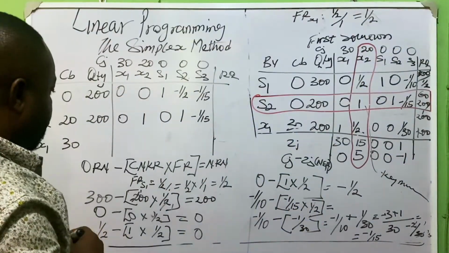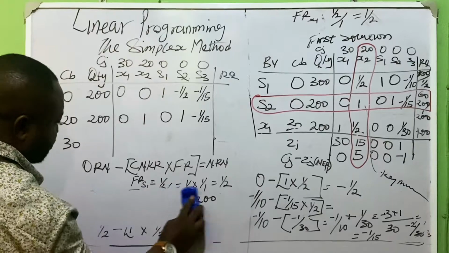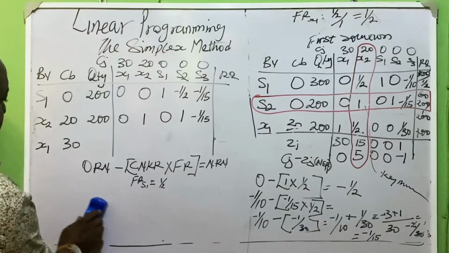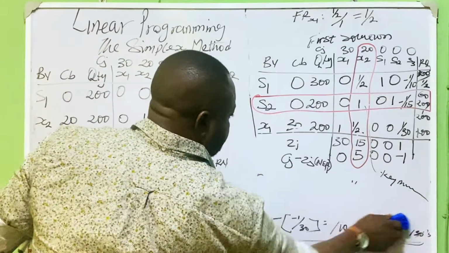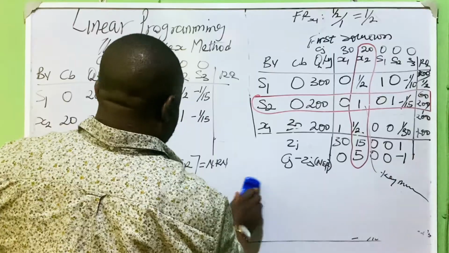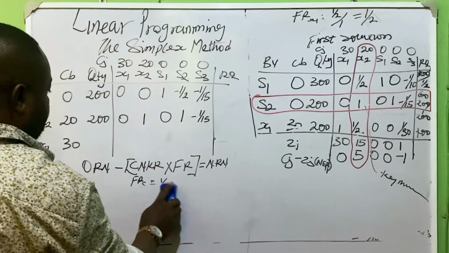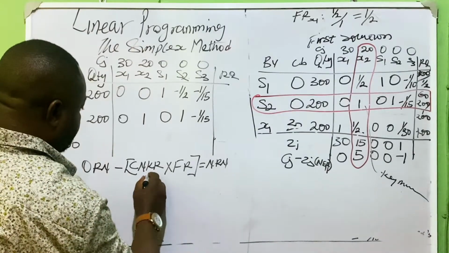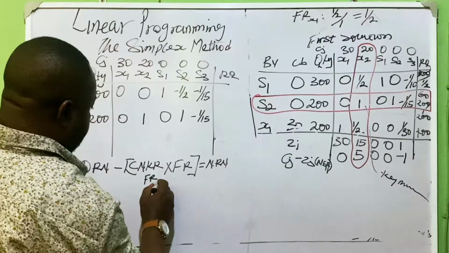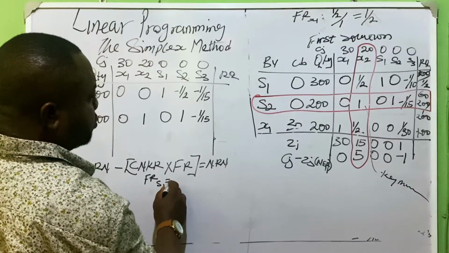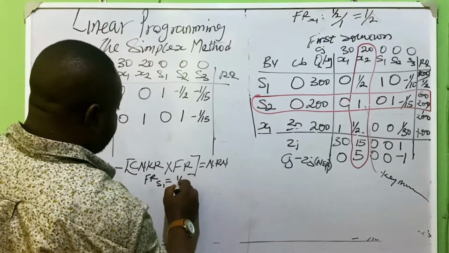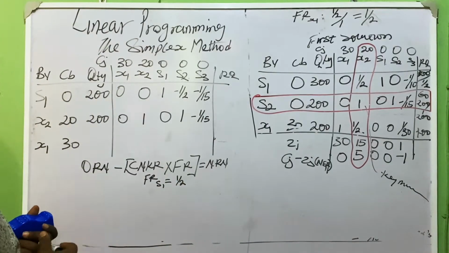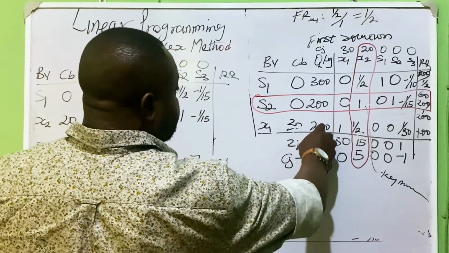So with that, we'll now recompute. We'll now transform our X1. So fixed ratio is equal to 1 over 2. So for transformation of X1, we start from the quantity, which is 200.